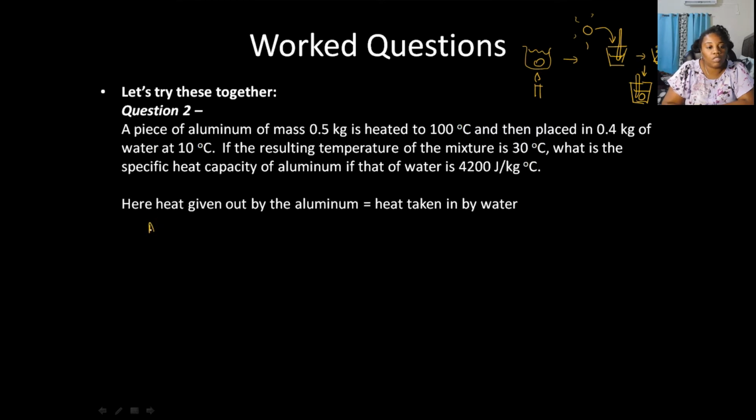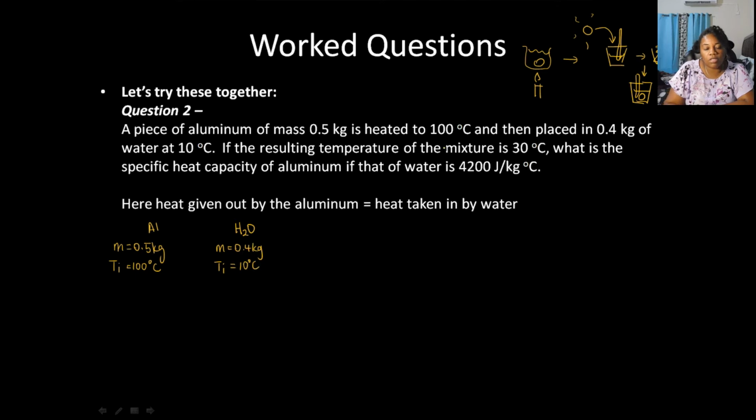So we're going to list these out under their respective columns. The mass of the aluminum was 0.5 kilograms, and it was heated to 100 degrees Celsius, so that's the initial temperature. It was then placed in 0.4 kilograms of water, so the mass of the water is 0.4 kilograms, and the initial temperature of the water was 10 degrees Celsius.